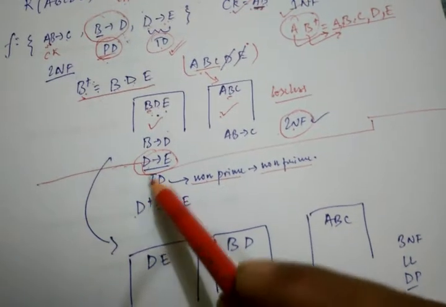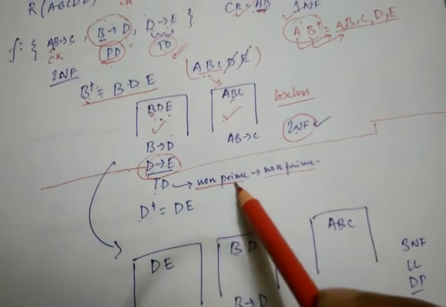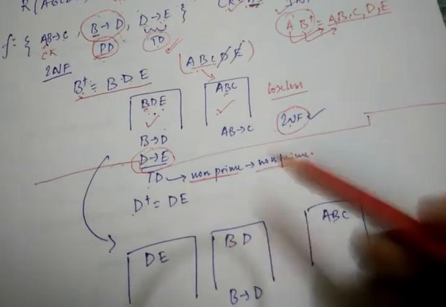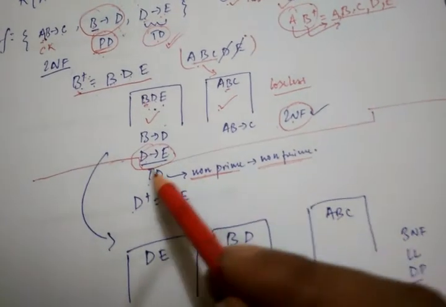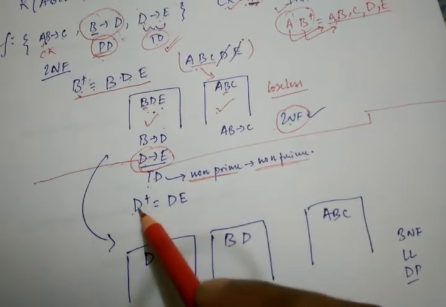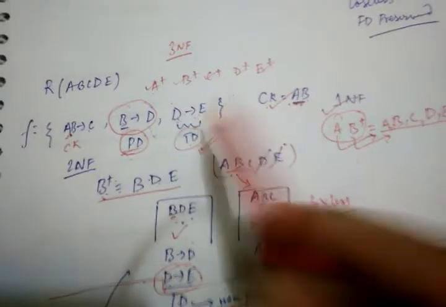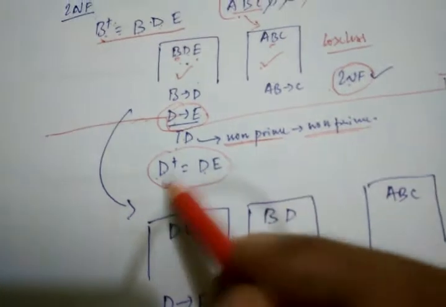We checked how to find it: transitive dependencies exist when a non-prime attribute is determining another non-prime attribute. So we will find the closure D plus, and from D we get D, and as you can see here, from D we can get E. So this is all we get from D plus.